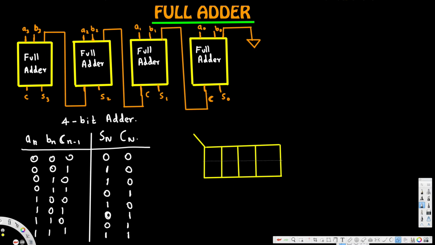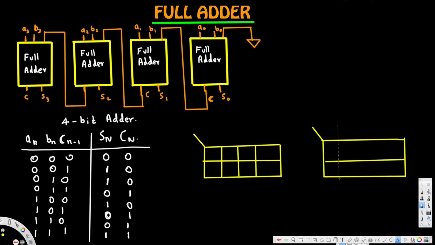This is one of them and another one: one is for sum and one is for carry. Now let's fill this up. Here we are going to have A, B, C.